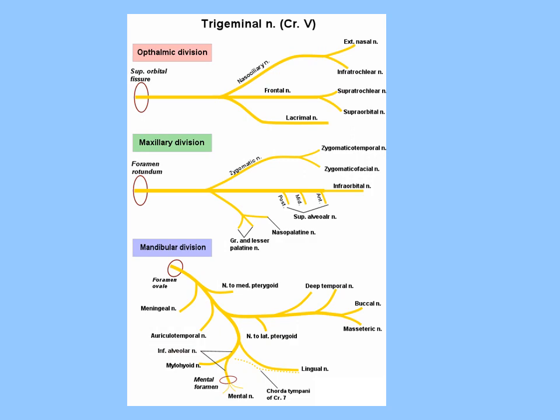Here is a nice schematic of the three divisions that make up the trigeminal nerve. Again, the ophthalmic division comes through the supraorbital fissure. This is all sensory. The ophthalmic division will branch into the nasociliary nerve, which branches sensory from the external nasal and infratrochlear nerves.